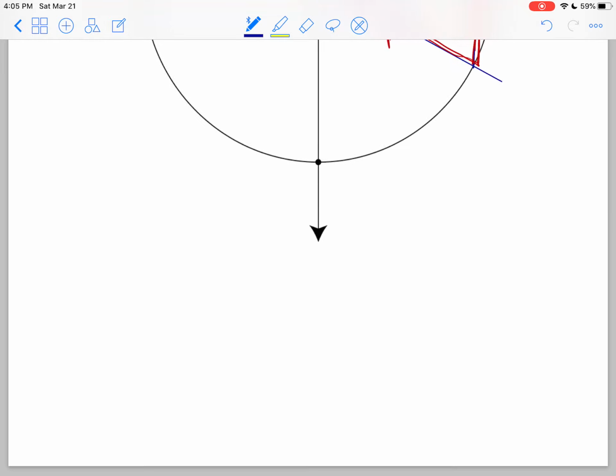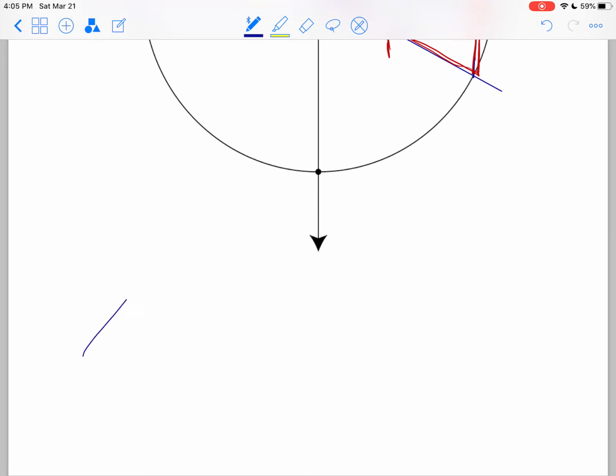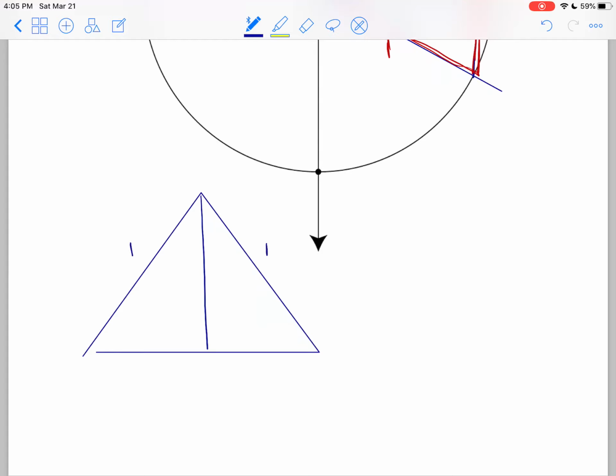Okay, so let's just draw an equilateral triangle. Okay, I did the best I could there. Let's pretend this is equilateral, and so that means we know that this is 1 and this is 1, which makes this 1/2 and this 1/2. Okay, so using the Pythagorean theorem, we can find the length of this side of the triangle, because this is like one leg.